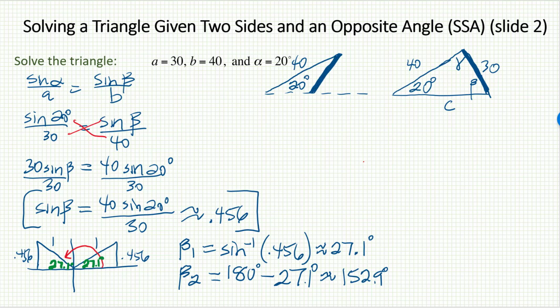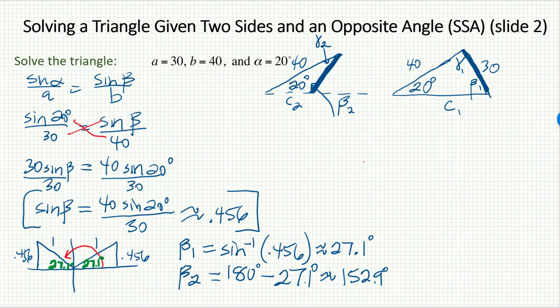And if I had, then angle beta, which would be right here, would be an obtuse angle, apparently 152.9 degrees. The point is, I have two possible triangles, so I have to give two sets of answers. Gamma 1, beta 1, and C1, and then gamma 2, beta 2, and C2. The work isn't hard, I just need to do everything twice.